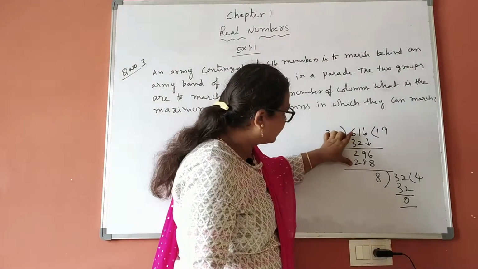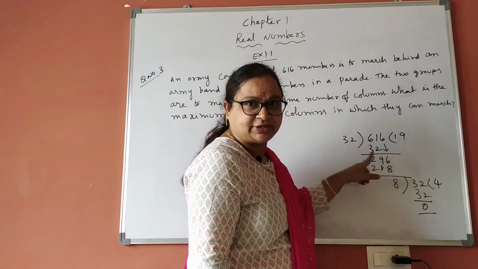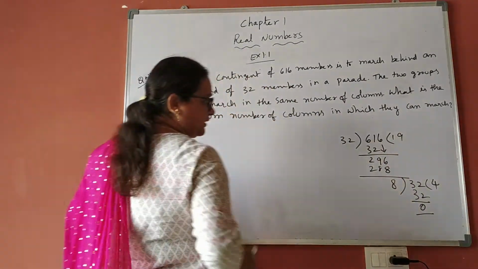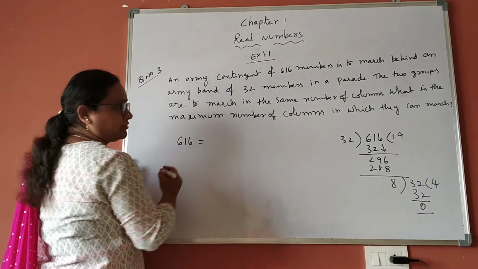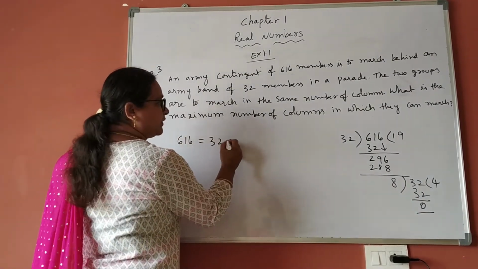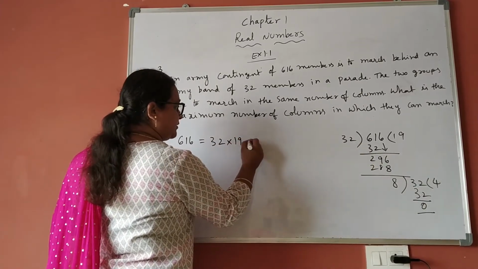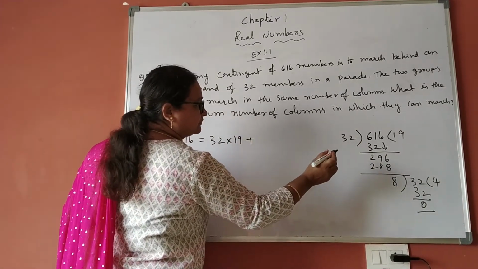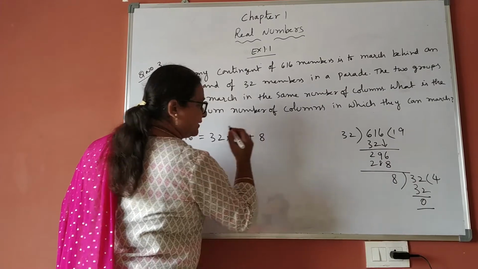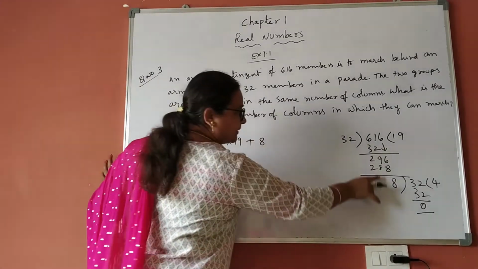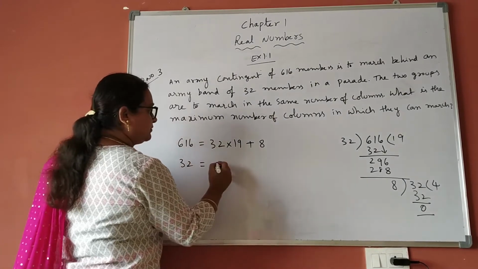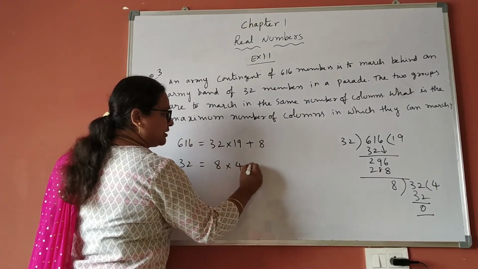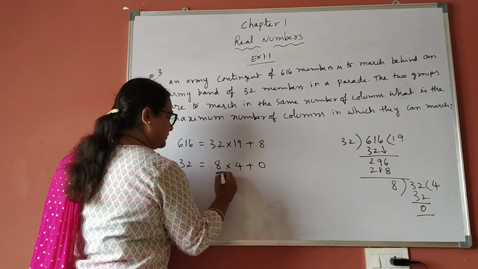Children, actually this is one step and this is second step. There are two steps. Now we will write algorithm. Dividend 616 is equal to divisor into quotient plus remainder is 8. This is a single step. Then second step, dividend 32 is equal to divisor into quotient plus remainder is 0.